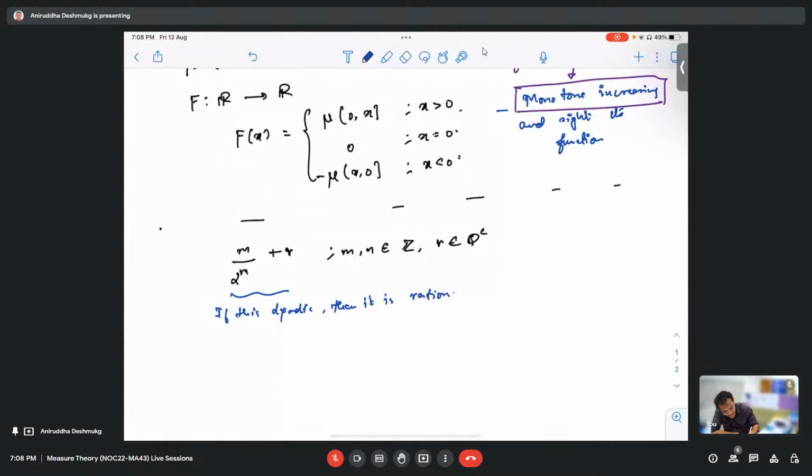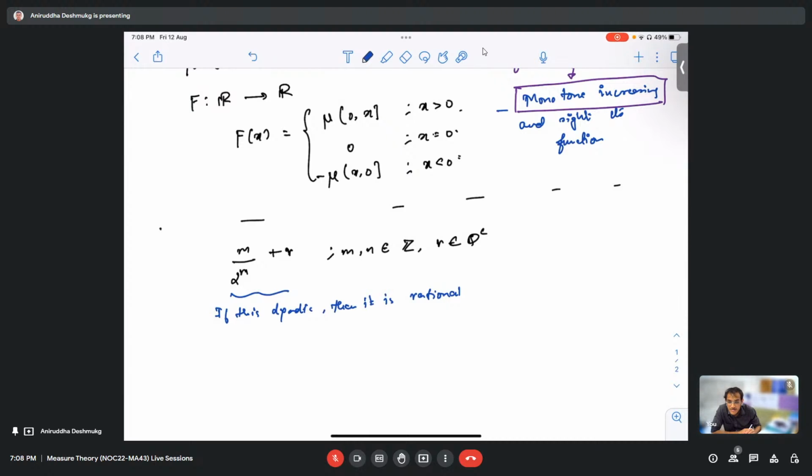Dyadic numbers are rational numbers. But once this is rational, then R becomes rational. So this cannot be dyadic.